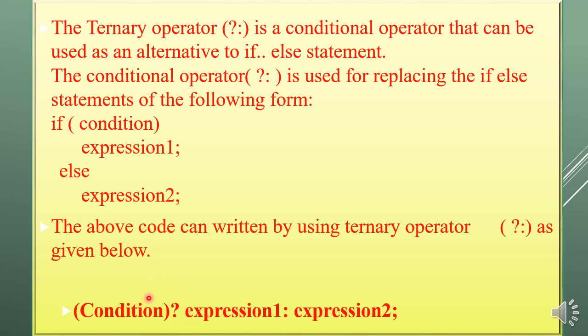The condition is tested. If it returns a true value, expression 1 will be executed. If it returns a false value, expression 2 will be executed. So all of you have to learn the general format of the ternary operator. Okay. Now let us see the working with examples.